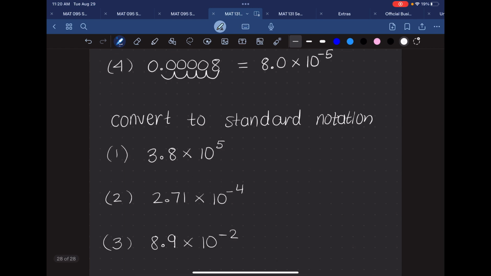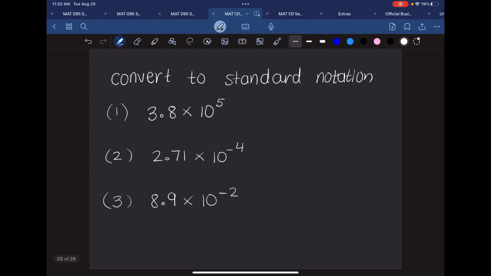Okay? Now, suppose we want to convert to standard notation. Well, we just use what we already know about converting to scientific notation and kind of reverse engineer it. So I have 3.8 times 10 to the 5th. Well, if I take 3.8 times 10, I would get 38. If I multiply by another 10, I get 380. If I multiply by another 10, I get 3,800, and so on and so forth.